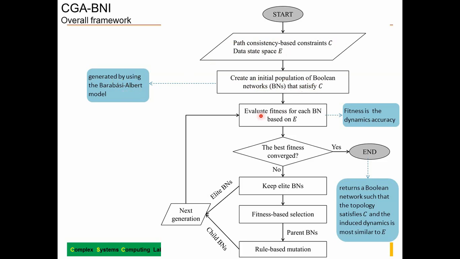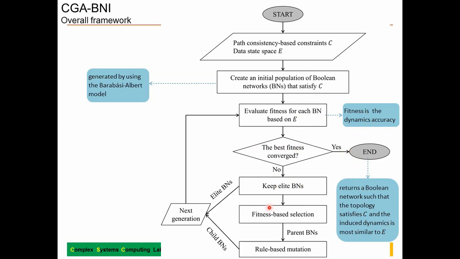Next step, we calculate fitness for each Boolean network in the population based on the candidate E. For fitness here we use dynamic accuracy. And next, we calculate the definite converter node; if yes, the GSM will return a Boolean network topology that satisfies C and the induced dynamic is more similar to E. If no, we will only rely on the Boolean network.